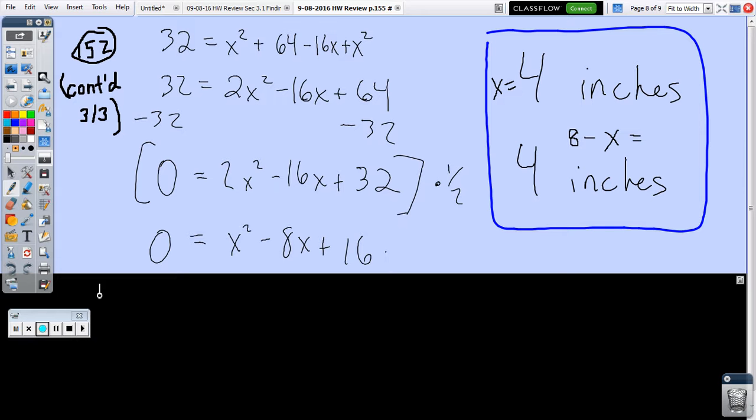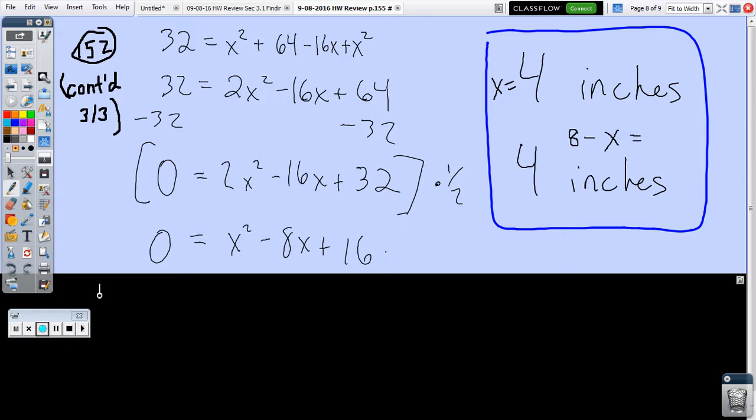Now for here, is this factorable? Yeah, it is. What would it be? x minus 4 and x plus 4? Close, but careful. Think about the negative 4 and the plus 4.